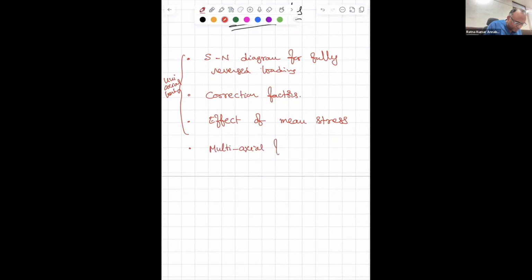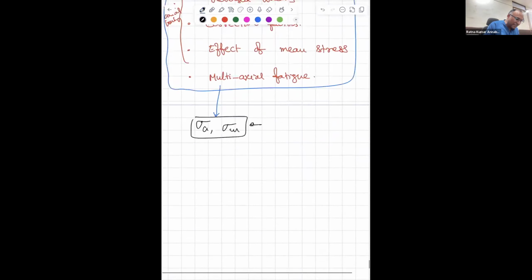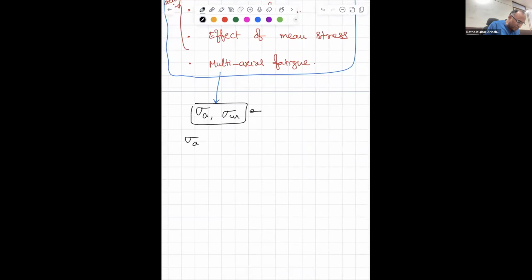And then we have said, okay, multi-axial fatigue. And today we have finished multi-axial fatigue, and up to here we only said what is stress amplitude and mean stress, right? Which has an underlying assumption that stress amplitude is constant throughout the loading history.